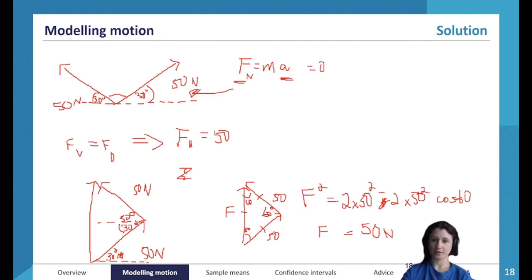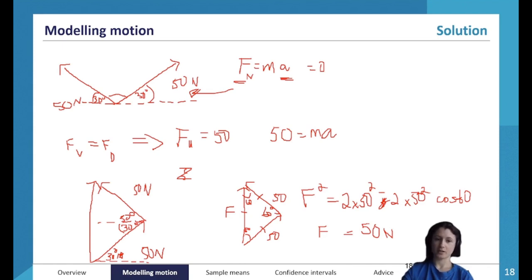Nothing is moving, so we have a net force of 0, acceleration 0. Alright, so we know that 50 is equal to ma.